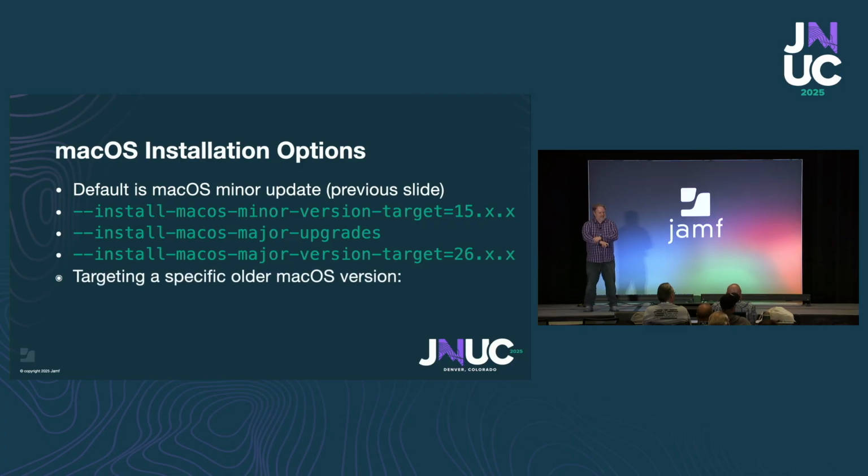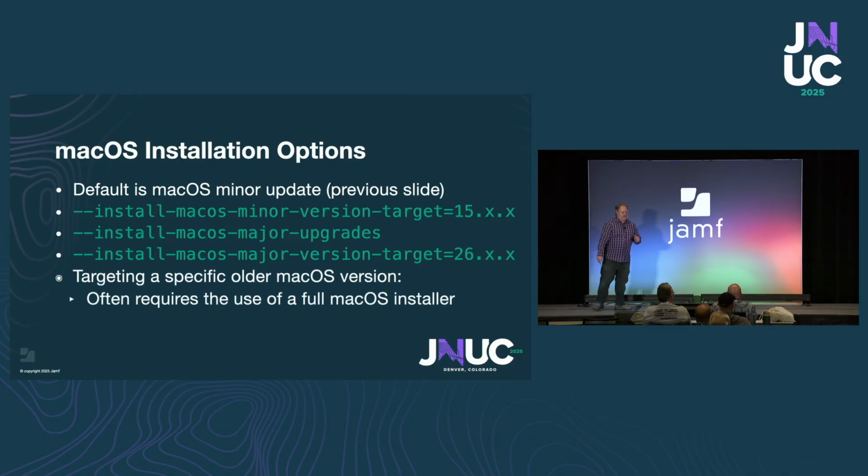All right, so just keep in mind, if you are targeting a specific older OS version, this often requires use of a full installer. And that's due to a limitation in the macOS software update. It can only target 2 things. Whatever it thinks is the latest major and whatever it thinks is the latest minor. It cannot target any other versions. So know that if you use these with specific versions, it's probably going to download an installer.